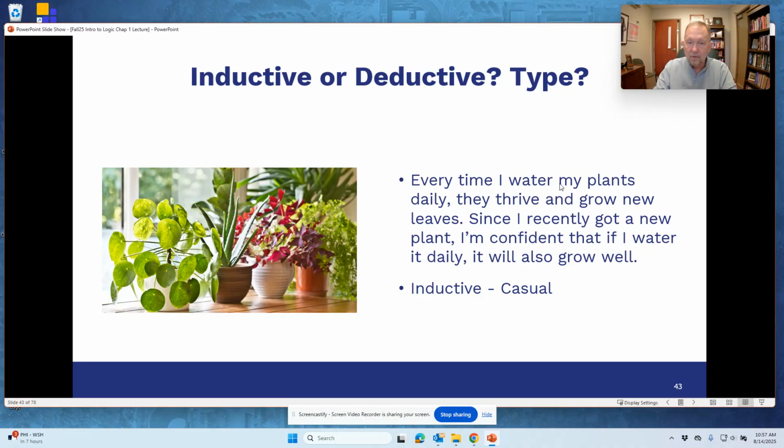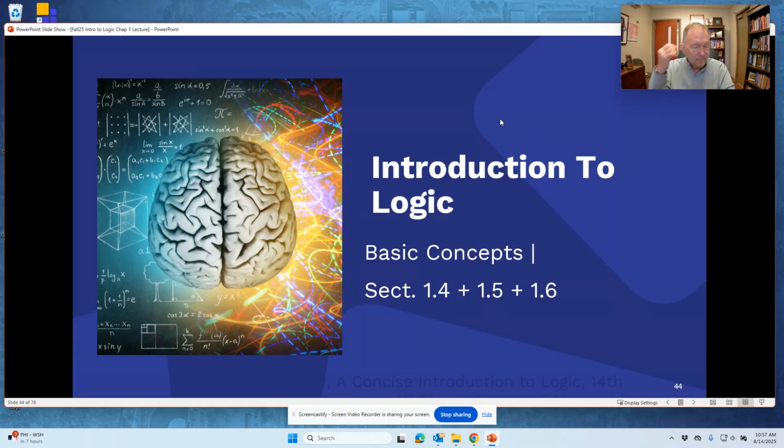So there's a causal inductive argument here: because I've watered plants and they thrive, I should water my new plant. Well, not if it's a cactus, but we're assuming that he or she would know. So it's inductive causal. All right, so that gives you a taste of deductive and inductive.